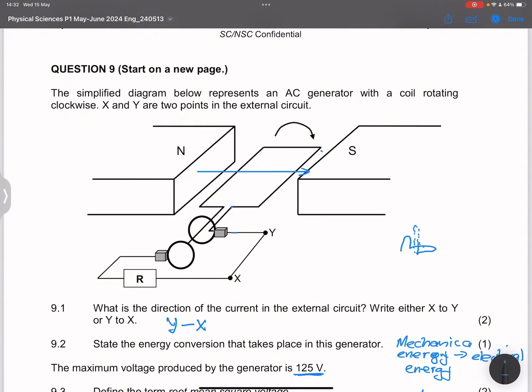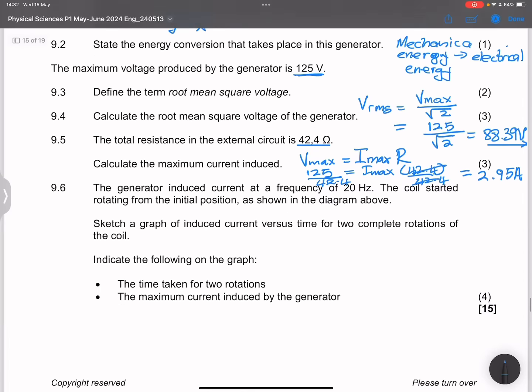Note that your armature is parallel to the field, and so our force in that case will be at the minimum. So we're going to start at 0, and then we are going to have a maximum once we get to that 90-degree mark.